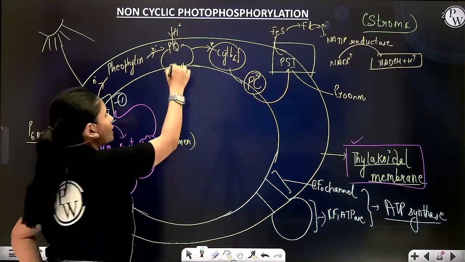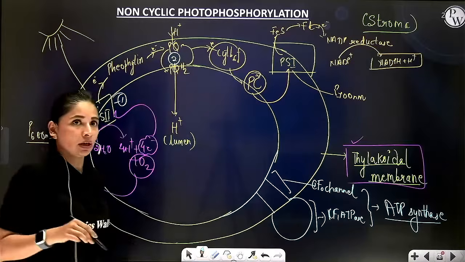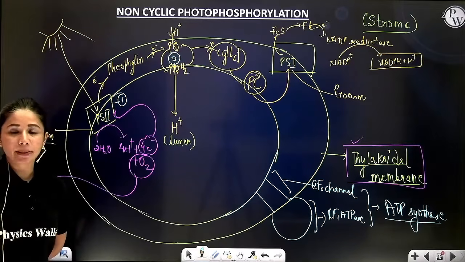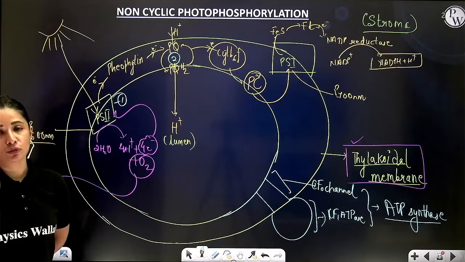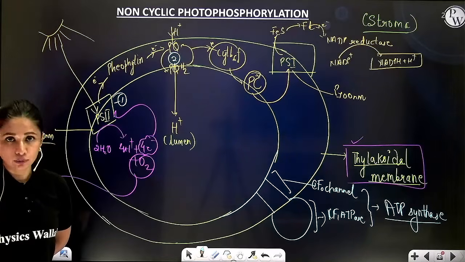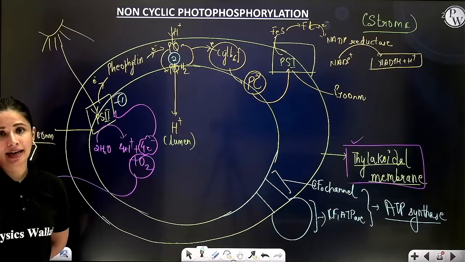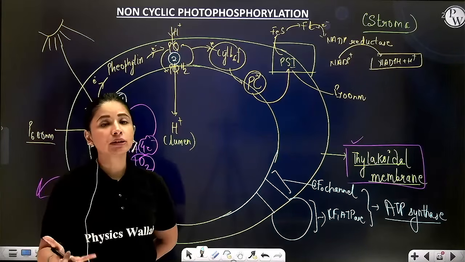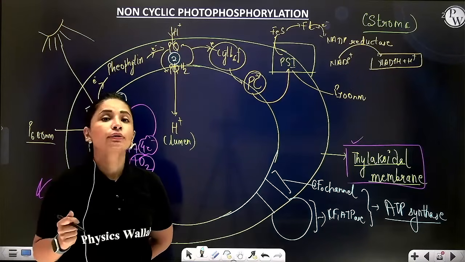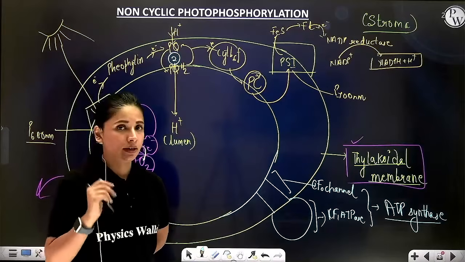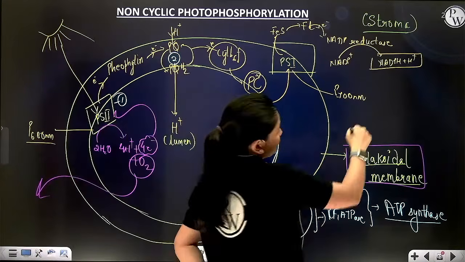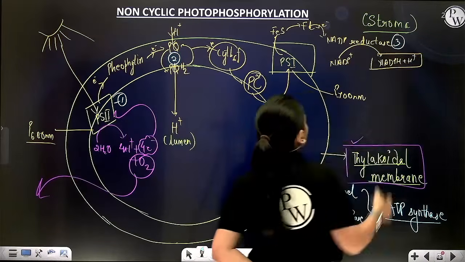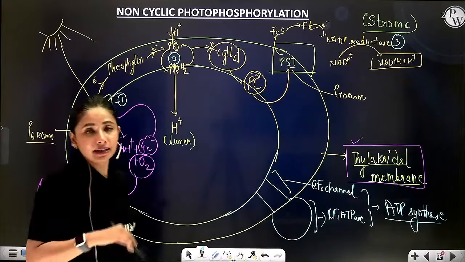Second is the activity of plastoquinone. Plastoquinone basically picks up free protons from the stroma and adds them into the lumen, because of which again the number of free protons in the lumen is going to rise. Third, the enzyme NADP reductase.